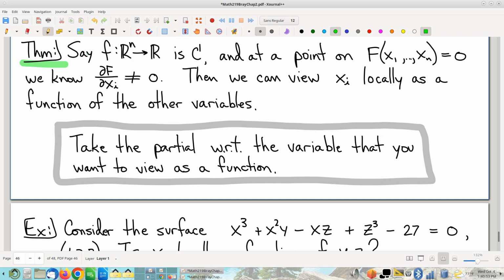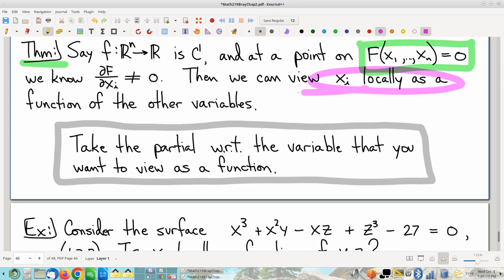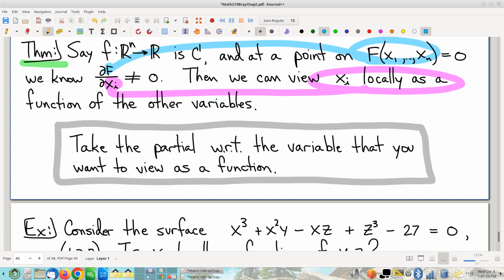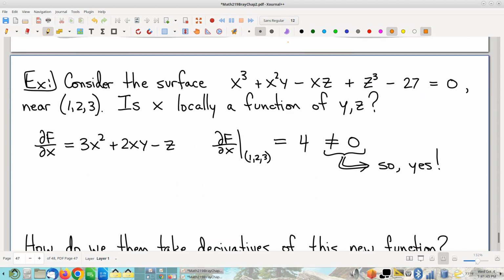The big idea is that if you have an equation where one of the variables, let's say x sub i, is just a variable in an equation, but you want to view it as a function, then all you have to do is take the partial with respect to that variable. Specifically, you take the partial of the function whose level set you're looking at, and if the answer is not 0, then yes, you can view that variable as a function of the others, at least locally, which is typically all that we ever care about. That was the big idea, and we ended with an example.